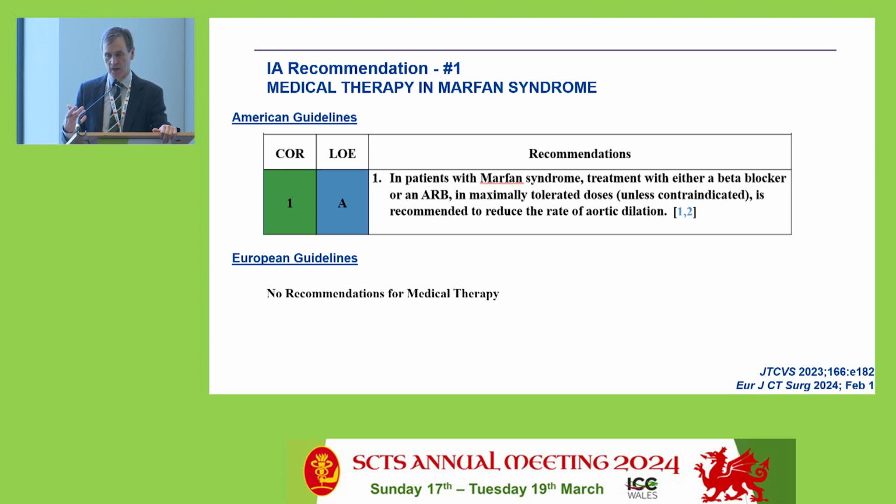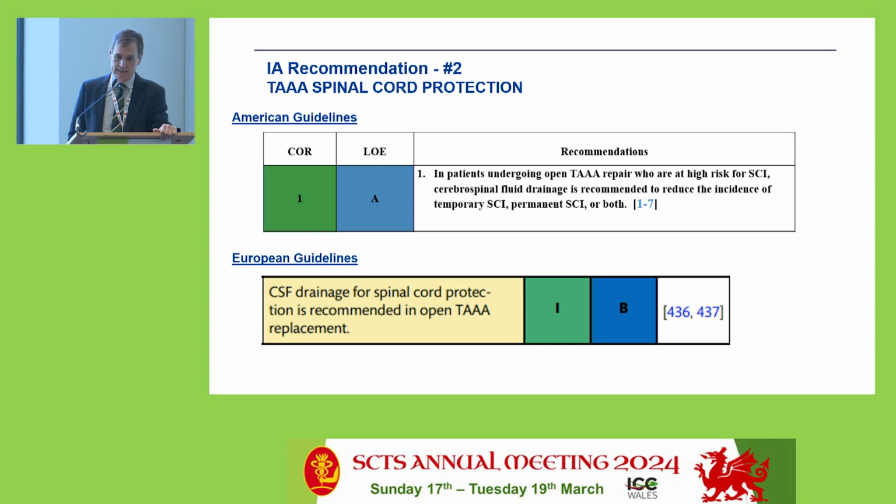There have been multiple beta blocker studies in Marfan patients and losartan and other ARBs looking at growth rates, and I think there are multiple randomized studies demonstrating that there is in fact a positive benefit. So the second recommendation, using spinal cord protection during a thoracoabdominal aneurysm repair.